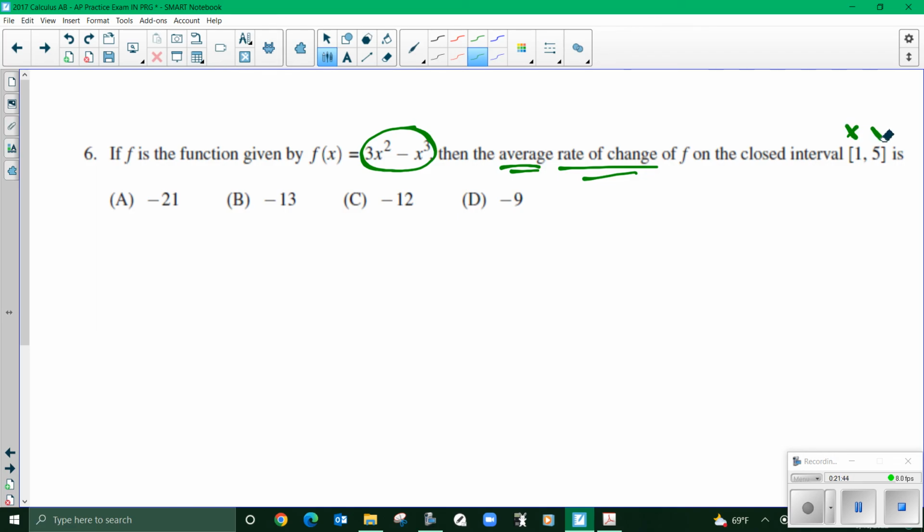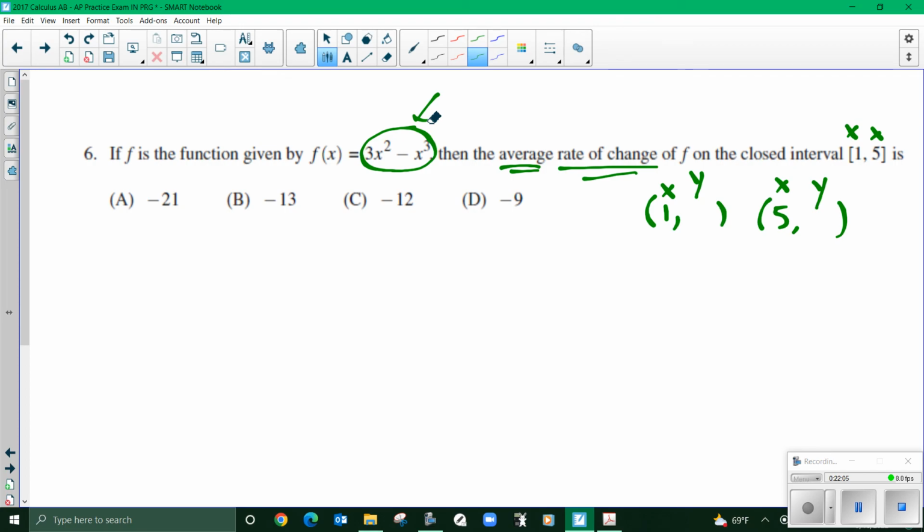These are two x values. I have an x value of 1, and I have an x value of 5. So we need to find the y value for each one of those. And we're going to do that by plugging our x values into our equation.